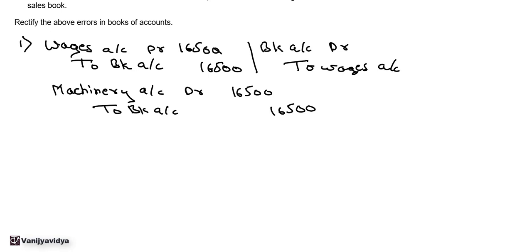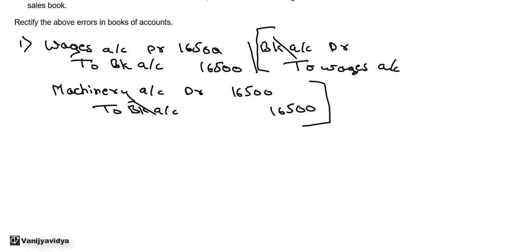We will reverse the wrong entry and post the correct entry. So this is a reversal of wrong entry, bank account debit to wages account. So while passing a rectification entry, what we will do is we will pass an entry which has combined effect of these two, that is your reversal of wrong entry and passing of a correct entry. So here the bank account is debited and credited by 16,500, it gets cancelled.